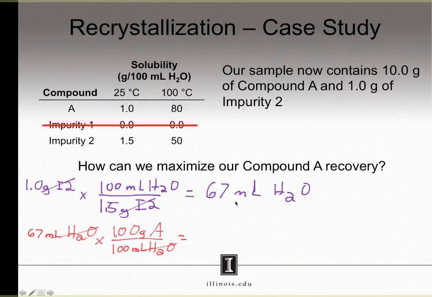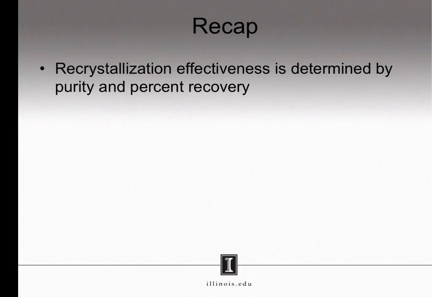We leave behind 0.67 grams of compound A. This is significantly less than the 1 gram of compound A we lost using 100 milliliters of water. By using less solvent, we still remove all of impurity 2 while minimizing the amount of compound A we leave behind. That brings us to the end of this webcast.